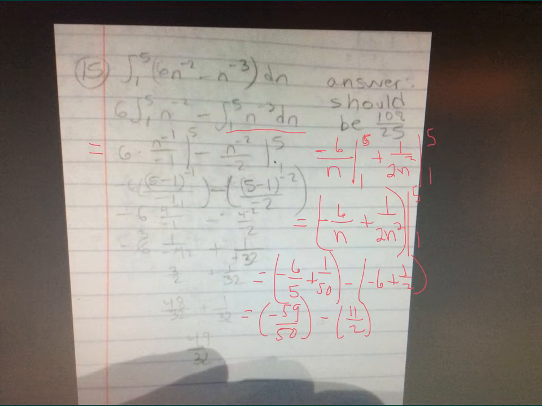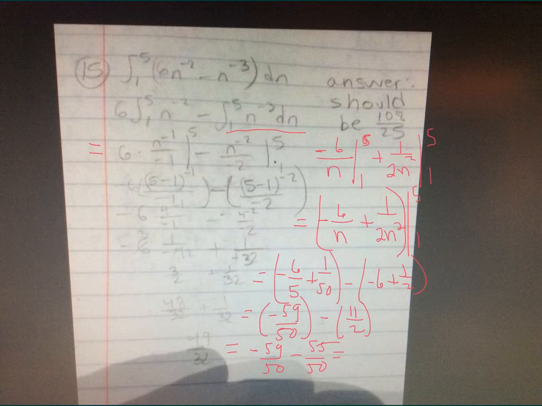That's weird. This is not working the way I want it to. Let's keep going, see if I can find my mistake. I think there is a mistake in here because this is not what I got when I tried it before I made the video. So if I have minus 59 over 50 here, then this is going to become minus 55 over 50.